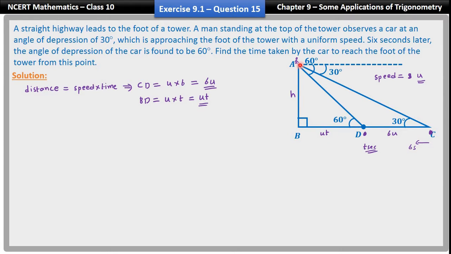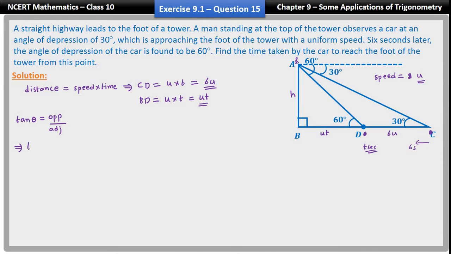We have two triangles, that is ABD and ABC. Angles are given to be 30 and 60. Opposite side is h, and we have adjacent sides. So let's apply tan theta. So tan theta is equal to opposite by adjacent. Let's consider this triangle first, that is ABD.